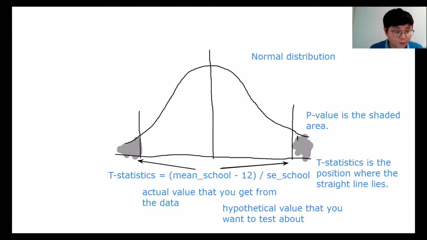So we use 2 times normal of minus the absolute value of t stat. The 2 times is because this is a two-tailed test. This is how we find the shaded area under the t-statistics, which is the p-value.